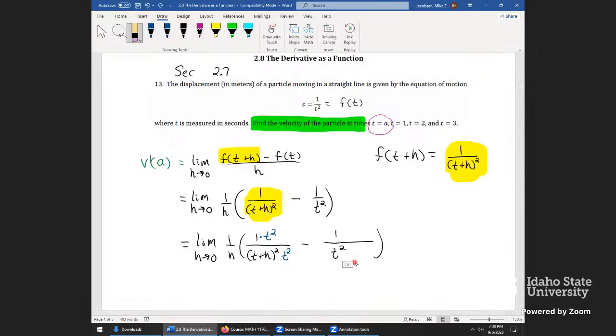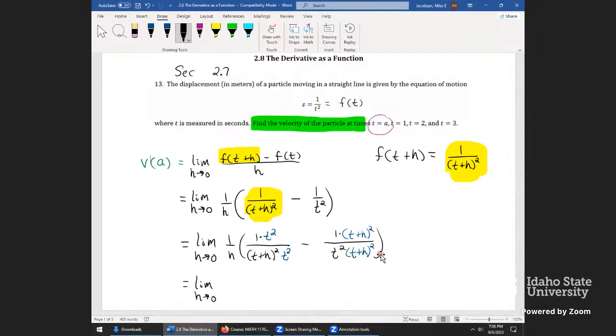Oh, that's an eraser. Let me try again. T plus h squared above and below. This is where the limit starts to look not so bad. It's going to clean up from here on out. It'll become the limit as h goes to 0. I need a parentheses here because I have two different fractions, but we're now combining them into 1.